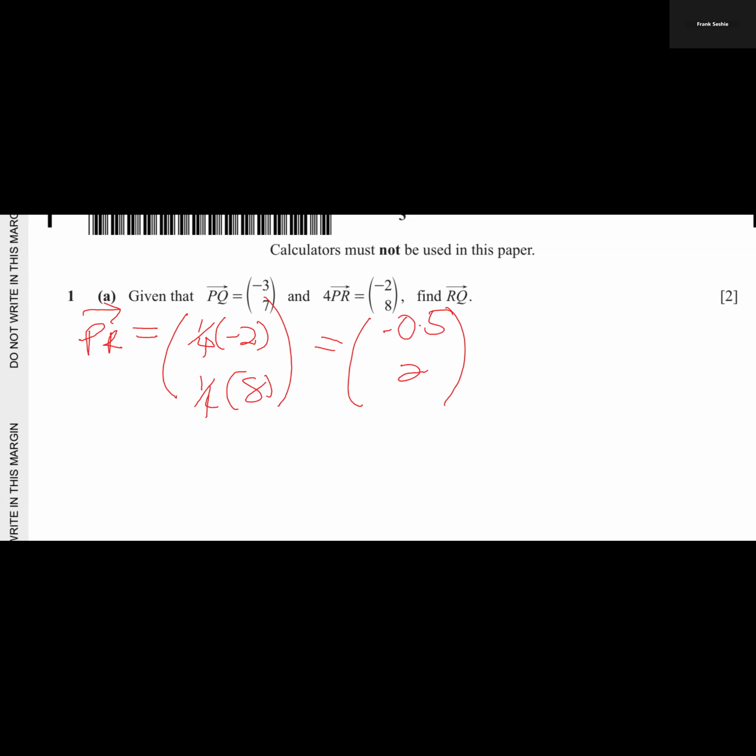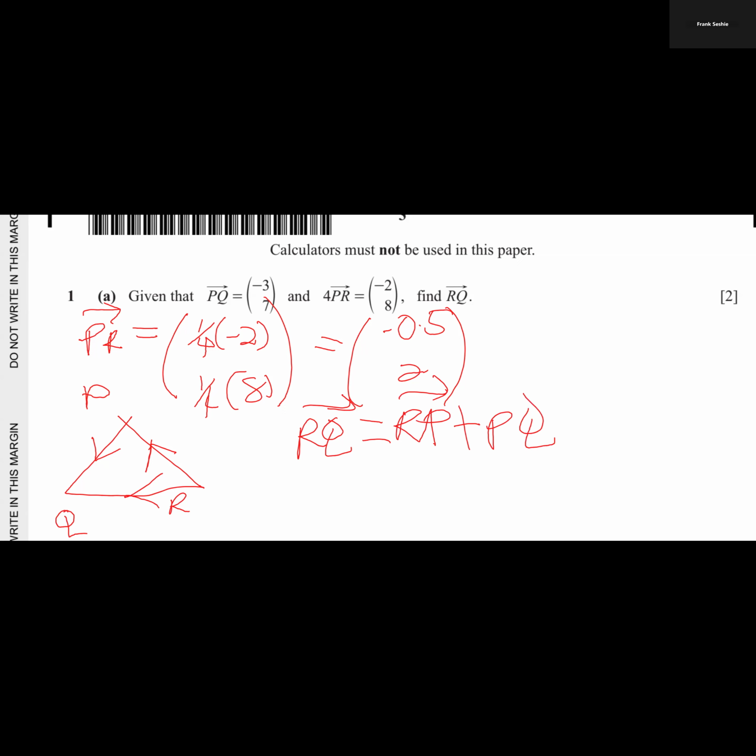Now, for the triangular law of vectors, if you are using it, you have P, Q, and then R. So if you want RQ, that's moving from R to Q, so it is going to be RP and then PQ. So RP plus PQ. RP, we have PR. So RP is the negative of that, so that's going to be 0.5, negative 2.